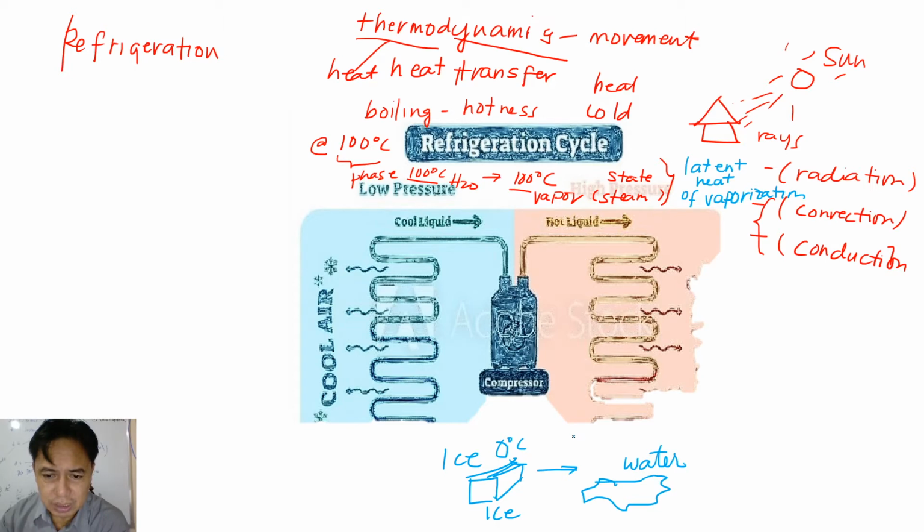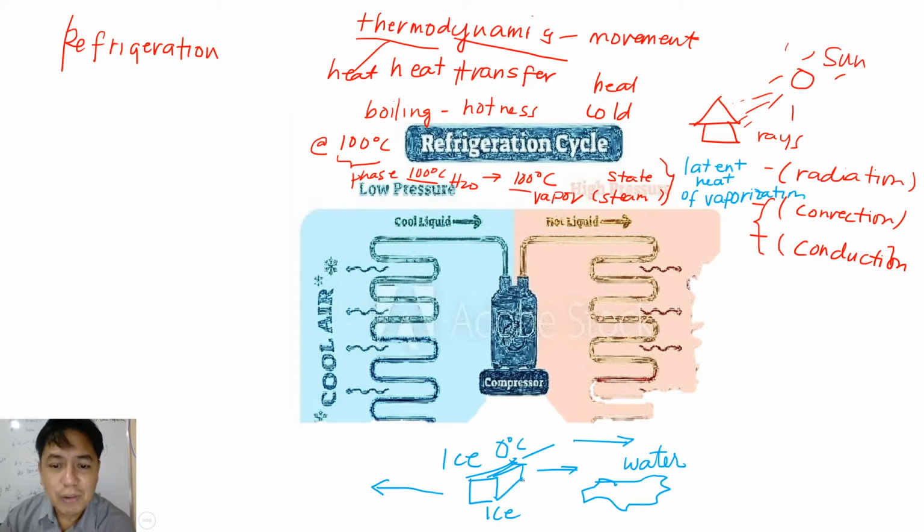Now, when it reaches 0 degrees centigrade, before it goes to temperatures above freezing, because this is freezing, below freezing is going to the left and going to the right is above freezing. So we are expecting that the temperature will go up.